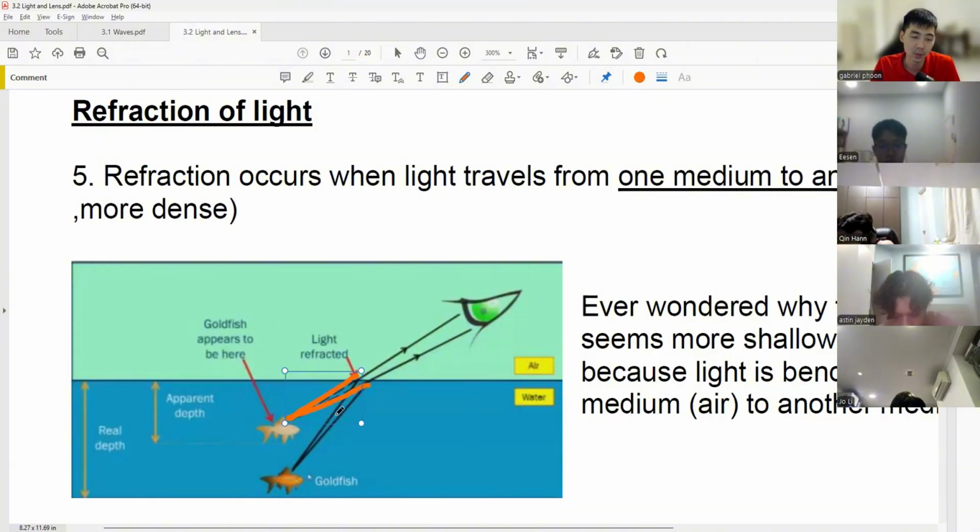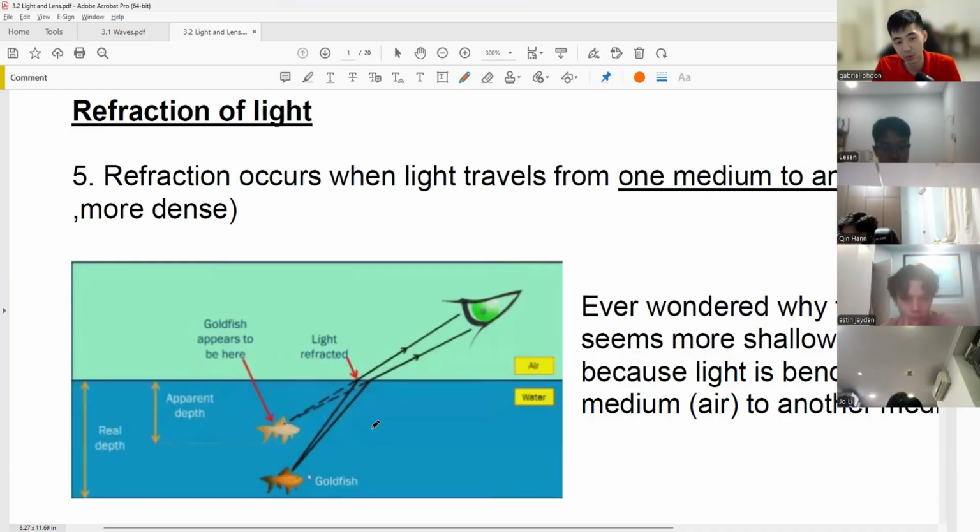That's why the bottom of the swimming pool always seems much more shallow than it actually is, because light actually bended, but our brain perceives light in a straight line. This is what actually happens to the light. This is what happens in our heads, basically.